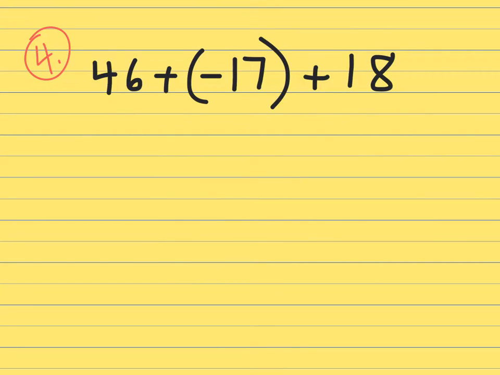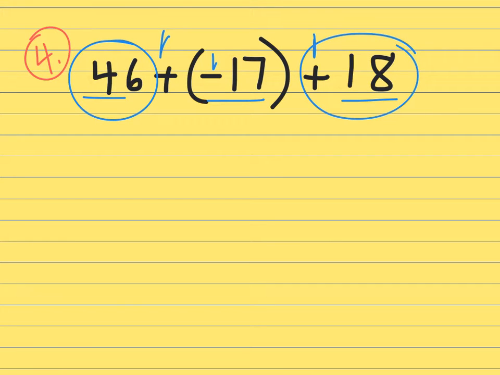What kind of problem is this? Well, I notice that they're all addition right here, and I have an integer right there. So I have a positive value, a negative value, and a positive value. So I like to take my positive values and put them together first. 46 plus 18 is 64.